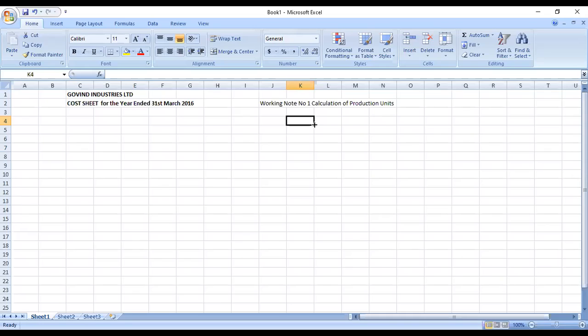Can anyone tell me what is the formula for the production unit? What is the formula for the production unit, student?